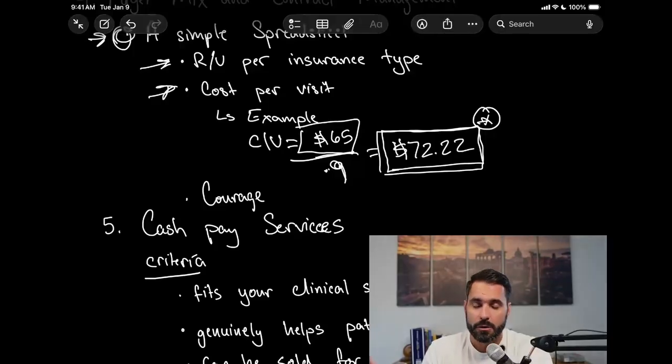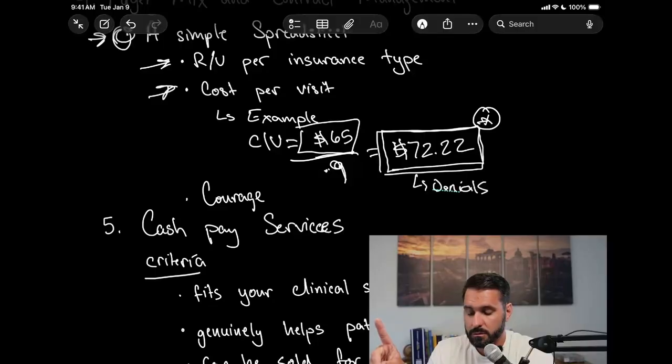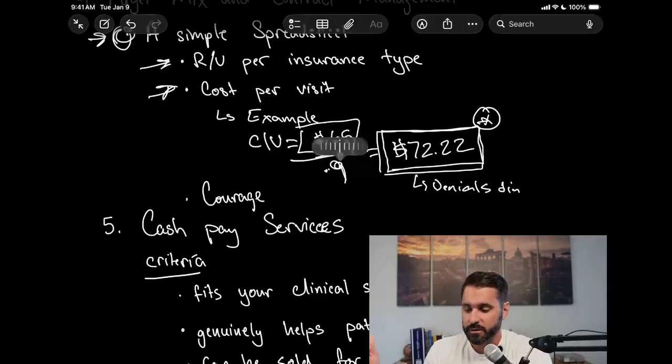Now, what you would also want to do here is factor in denials and inefficiencies. Just call it denials. You need to factor in denials, right? So the lower you make this number, the more buffer you create. So maybe a safer number would be 0.8.